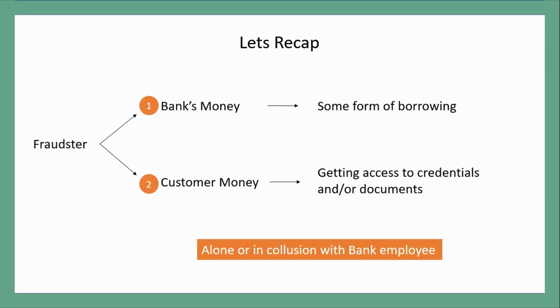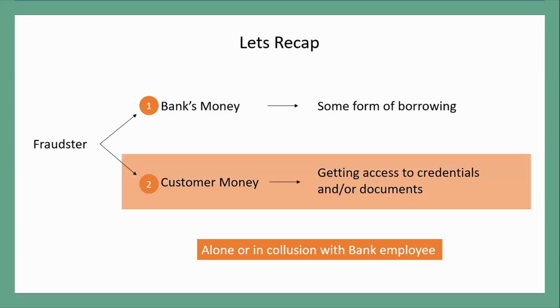And this could be done either alone by the fraudster, or a bank employee also might be helping the fraudster. So in this particular video, we are going to focus mainly on customer money related fraud, because the bank money related fraud is mostly not real-time transaction.